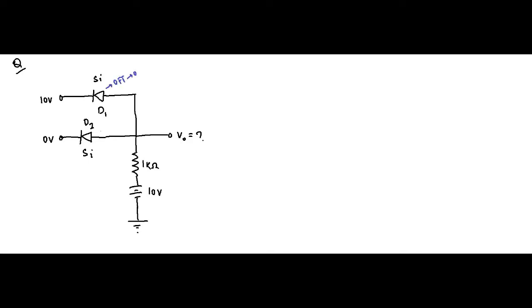or open circuit. For the other diode, the P end is connected to plus 10 volt, the N end is connected to 0 volt. It will be sufficient to turn it on. We'll replace it with its built-in potential, that is 0.7 volt. So let us redraw the circuit. It is something like this: 10 volt, open circuited.